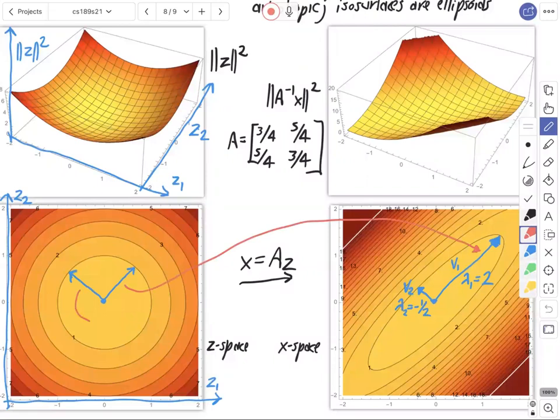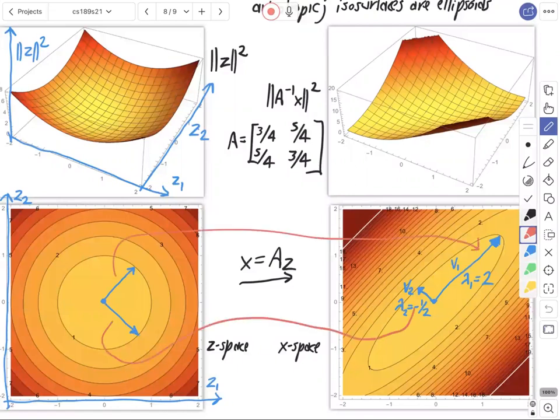And the vector on the left gets mapped. Oh, I guess I need to fix one thing here. I should have started with this in the opposite direction, because that's -1/2. So the bottom vector gets multiplied by -1/2, and that takes us to the vector right there.